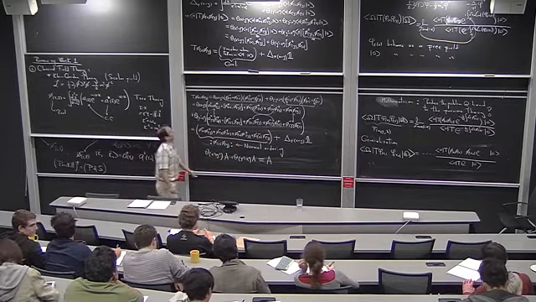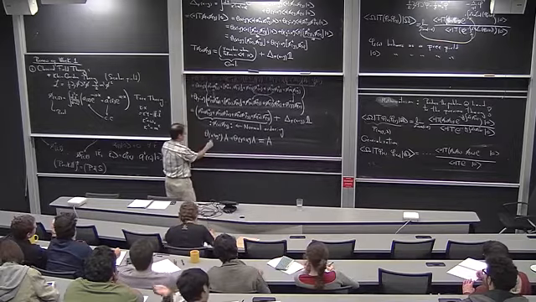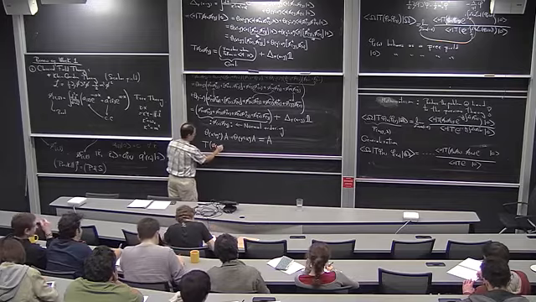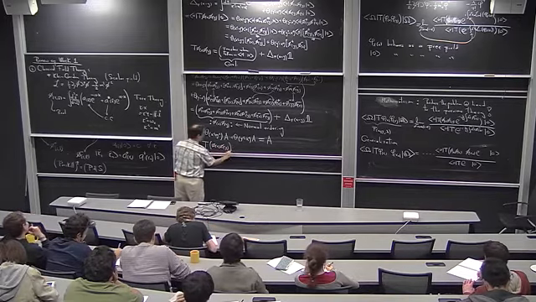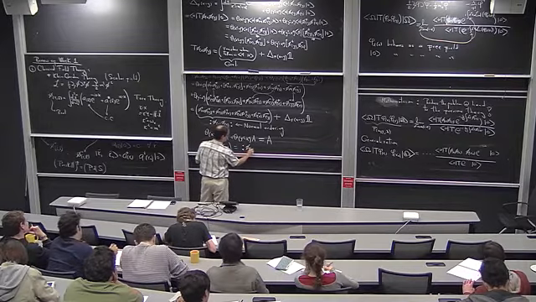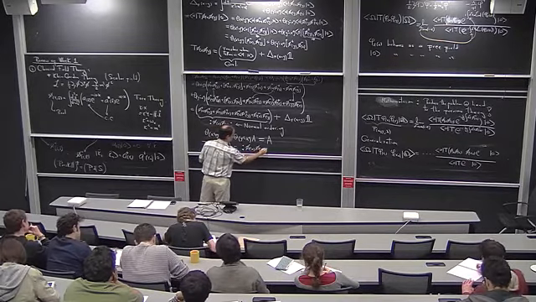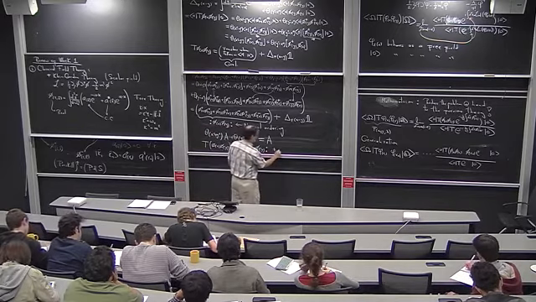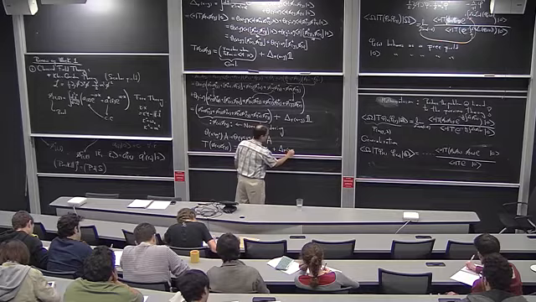So we found our identity. The identity is that this operator is equal to the normal ordering of the operators. So the time ordering is equal to the normal ordering plus the Feynman propagator.